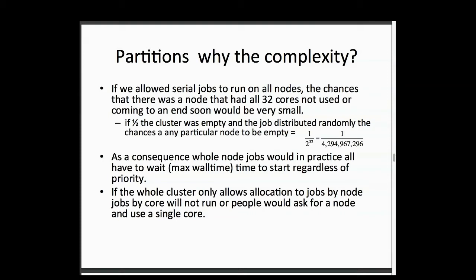We did this for this reason, because we need to make sure that people that require whole node jobs, people that run Gaussian, people that run OpenMP jobs are capable of running on the cluster. The same is true if the cluster is full.